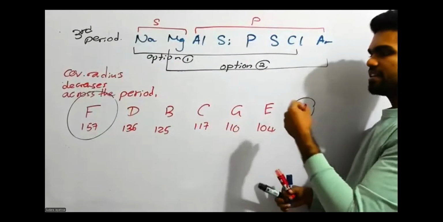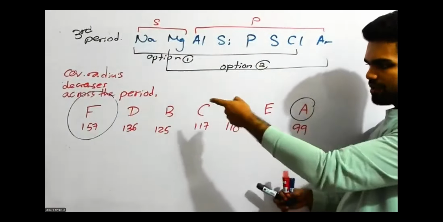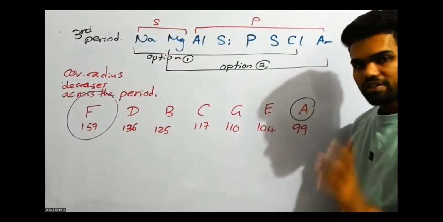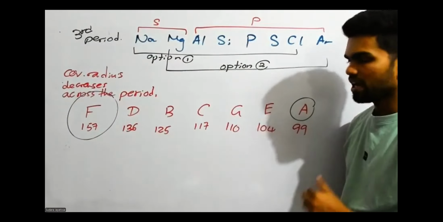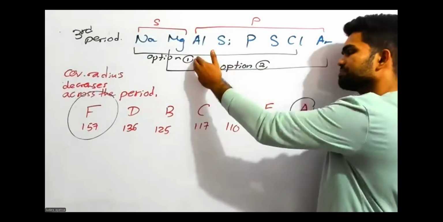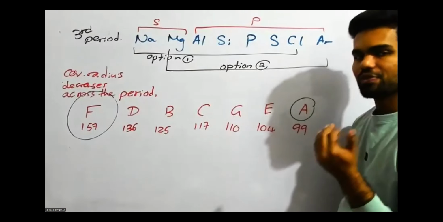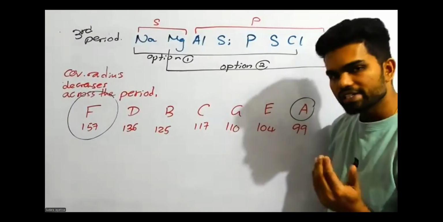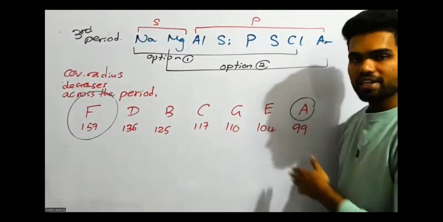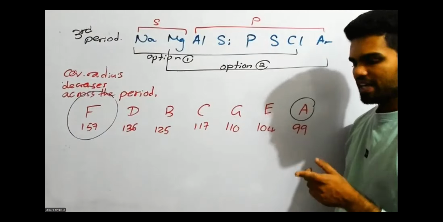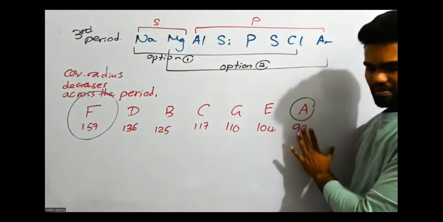Then in that same order, you have the elements across the period. But we have a problem, right? We are not sure whether it is option 1 or option 2. Option 1 means sodium to chlorine, and option 2 is magnesium to argon. Understand? But we know the order, right?